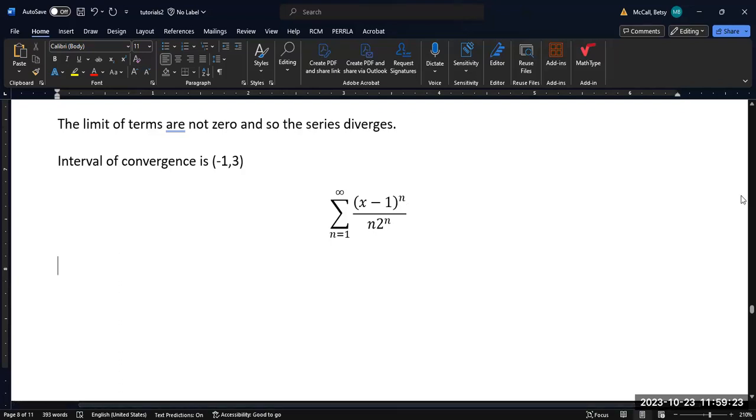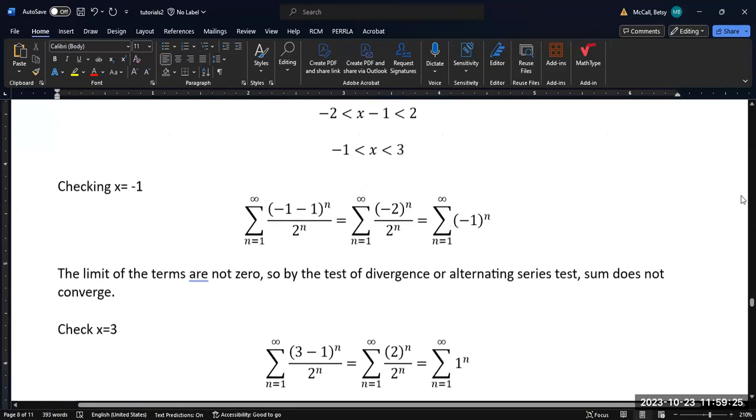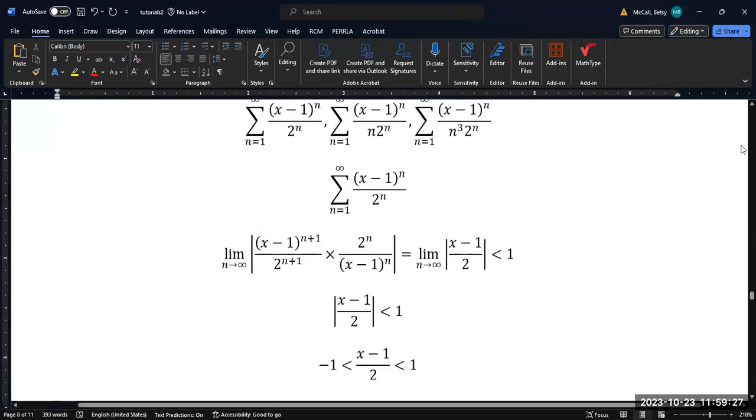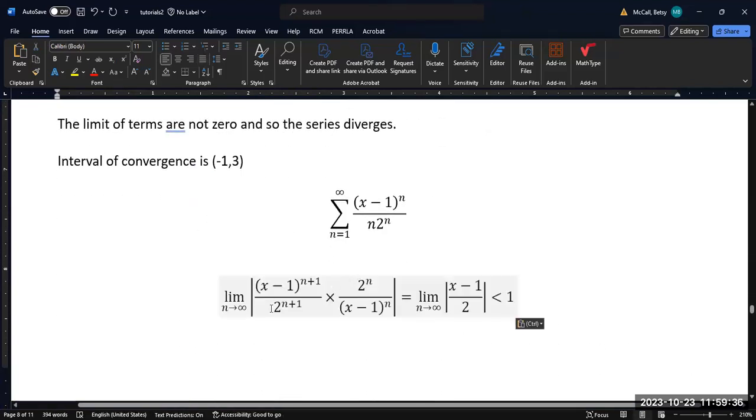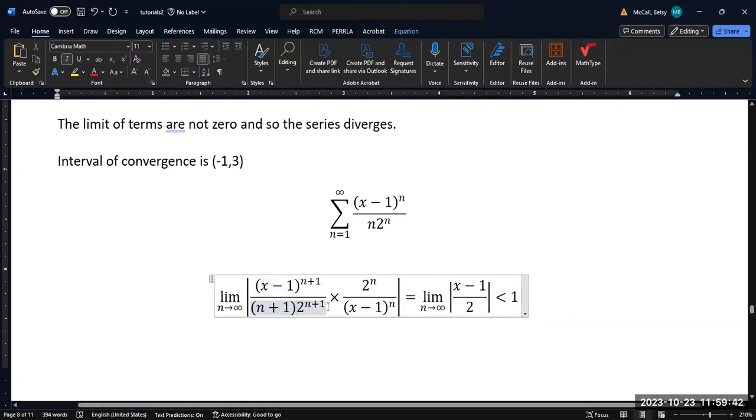Now, if we do the ratio test, I can go back and reuse a lot of this work. We're going to have in this denominator n plus 1, and then up here, we're going to have an n.